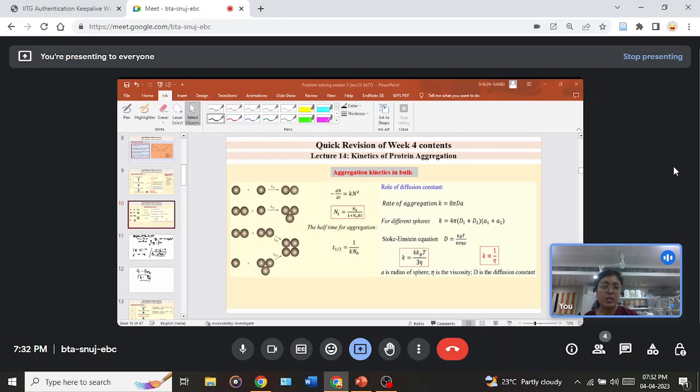So this particular Stokes-Einstein equation, as we already said, that DLS, that is dynamic light scattering, is based on Stokes-Einstein equation. D is equal to kBT by 6 pi eta A, wherein you can find again the K, and K is inversely proportional to eta, that is the viscosity. Right, so A is the radius of the sphere, eta is the viscosity, and D is the diffusion constant.